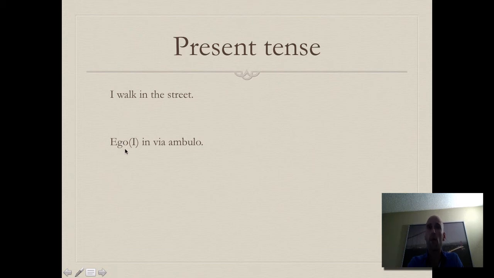So whenever you see ego in Latin, it means I. Ego in via ambulo. Wait, what happened to ambulat? Well, it turns to ambulo when you're talking in the first person. So, first person singular, it goes to ambulo. So we know that now. Please write that down in that table that you've created.